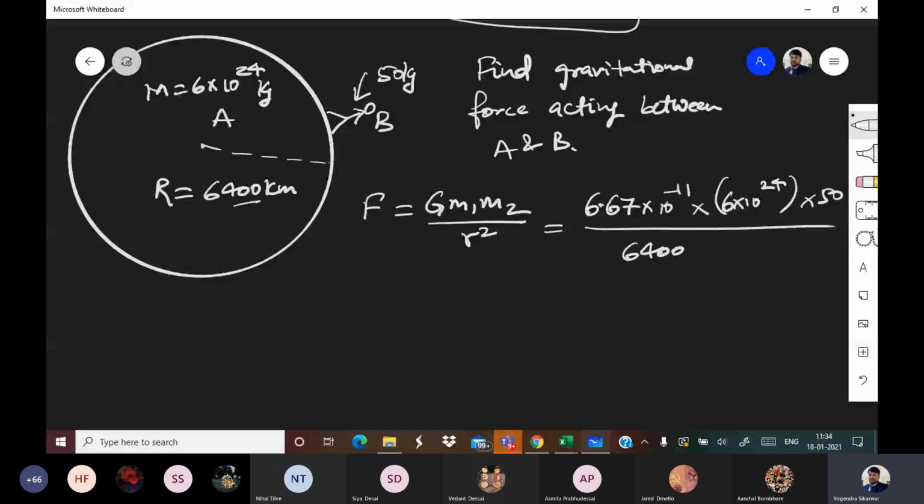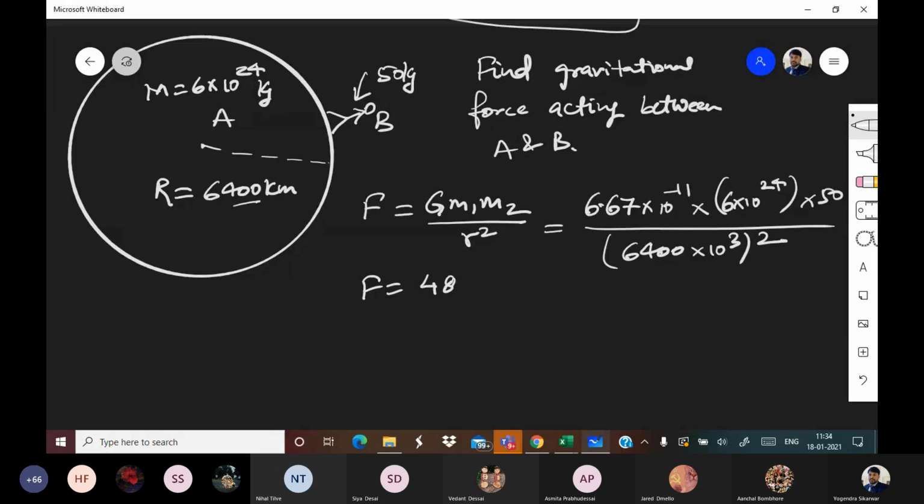But remember, this is in kilometers, so into 10 to the power 3 and whole square of that. See, height of that person will be very less as compared to 6400 kilometers, right?